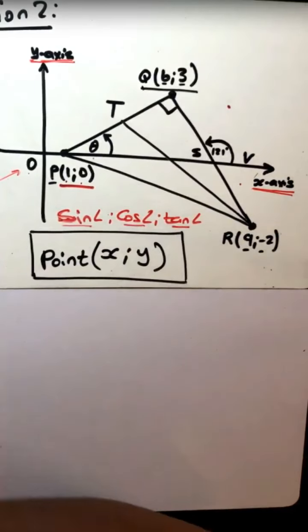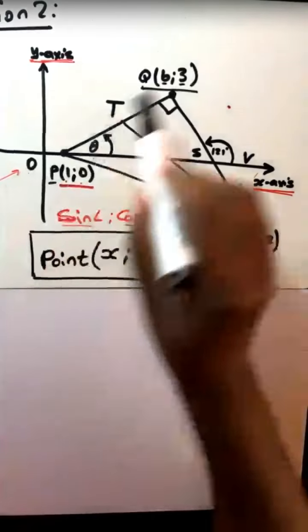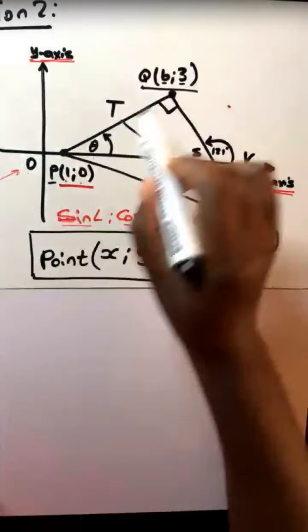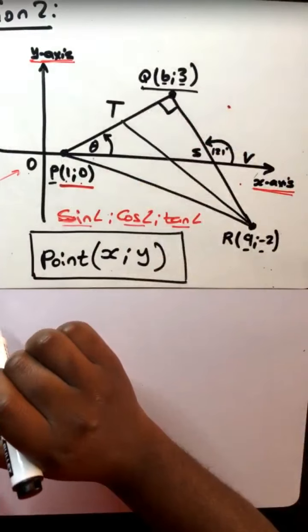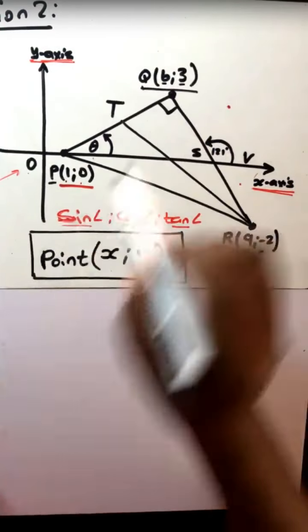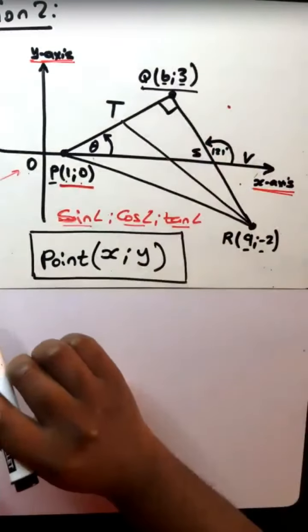So now let's proceed. Remember, I said 1, 2, 3 are the vertices such that PQ is equals to QR. Let's see. Where is PQ? There is PQ. So PQ, guys, is equals to QR based on the information that we are given.